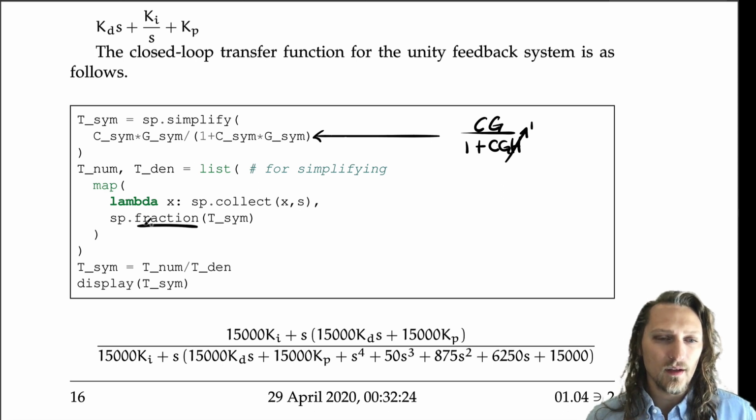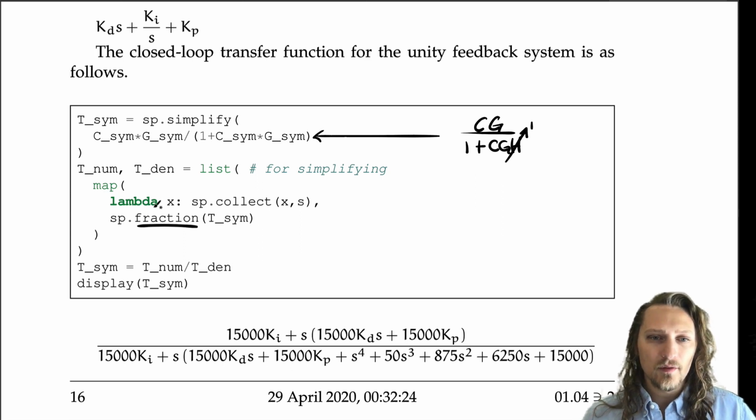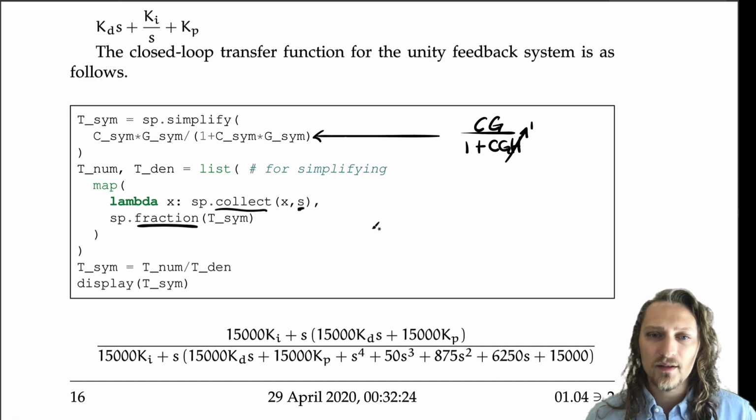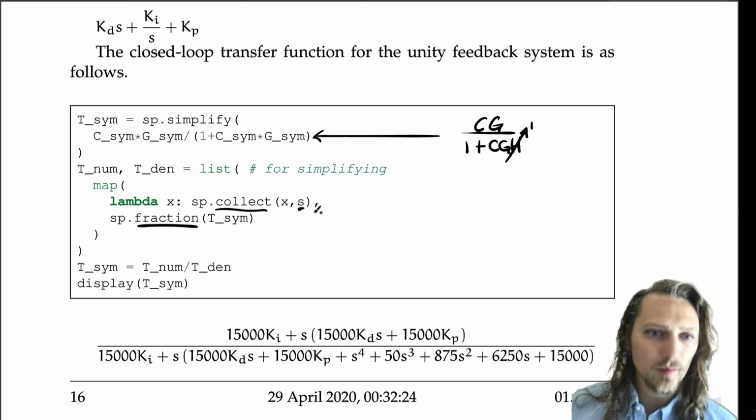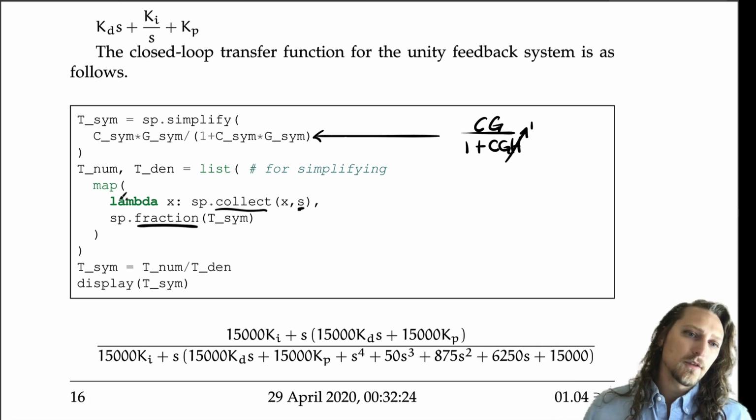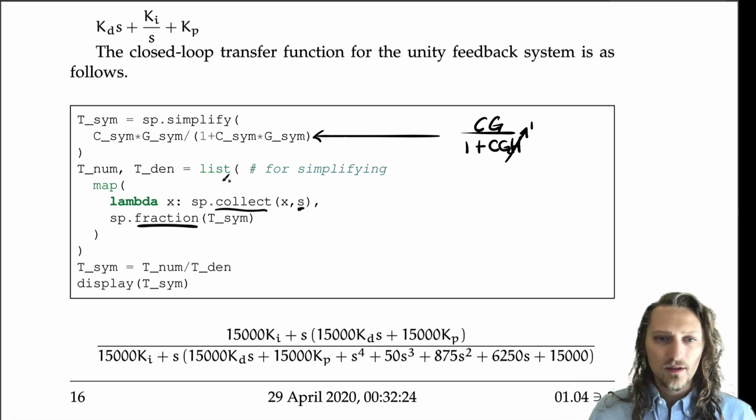So in this case the numerator and denominator, using a lambda function, I'll take the element and run the SymPy collect function on it. I'll collect in term s, which is the Laplace transform variable, and then I'll transform that map into a list.